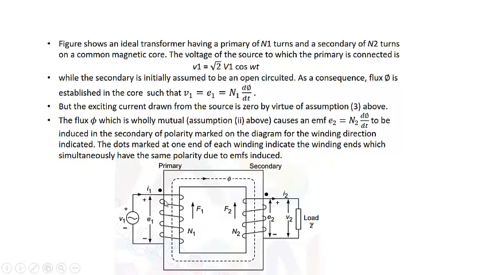When this current increases, the flux, or we can say the MMF here, also increases. This current increases in such a way that this MMF, that is N1I1, will be equal to N2I2, because we are assuming there will be no exciting current.